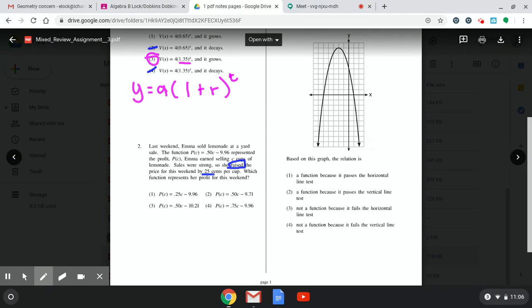So we have to decide what part of this function is going up. Is it the amount per cup? So 0.50C, remember, is what's multiplied every time times C. And that 9.96, anybody think they know what that represents in this function?